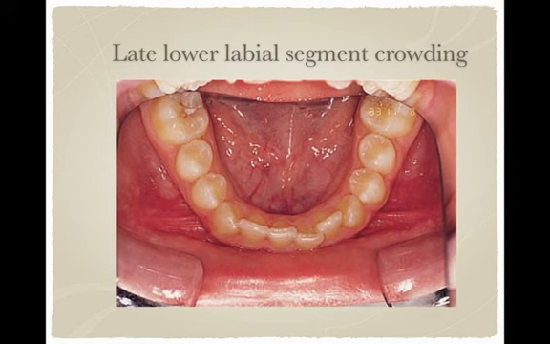The other thing that might result in late lower labial segment crowding is the occlusal force. So how is that? When the patient bites, there is a mesial angulation in all of the lower incisors, all of the lower and upper dentition. And if you study the vectors of the force, when the patient bites, we'll have two vectors. One is vertical and the other one is horizontal.